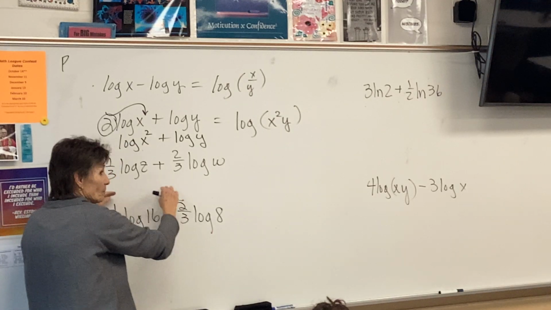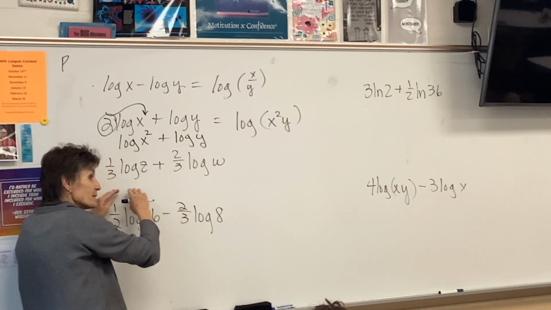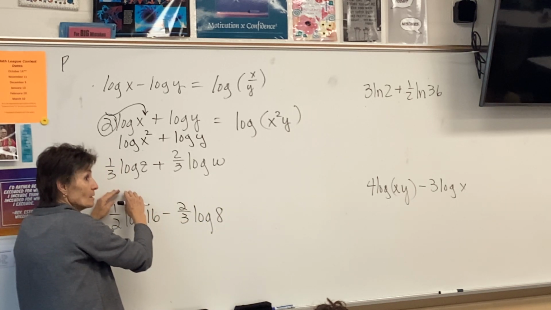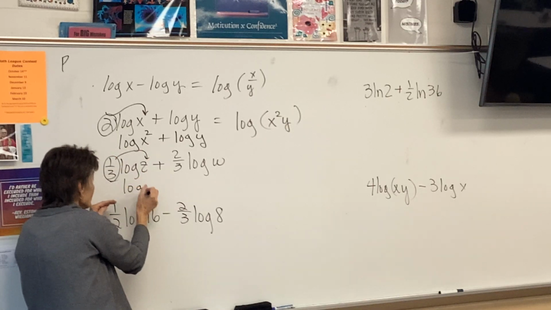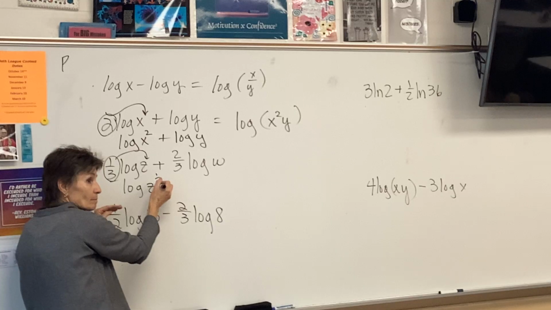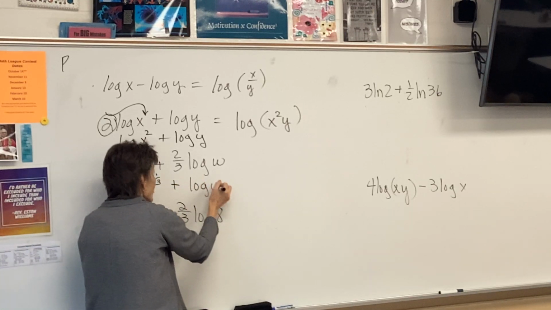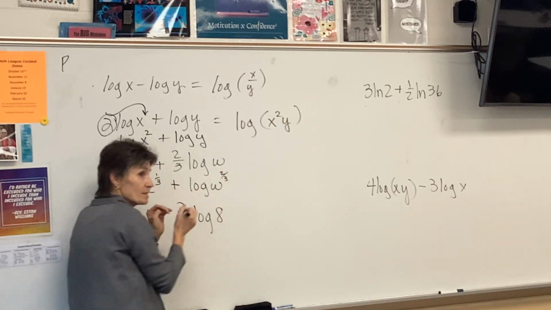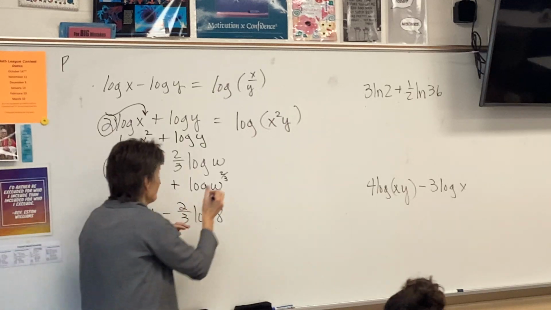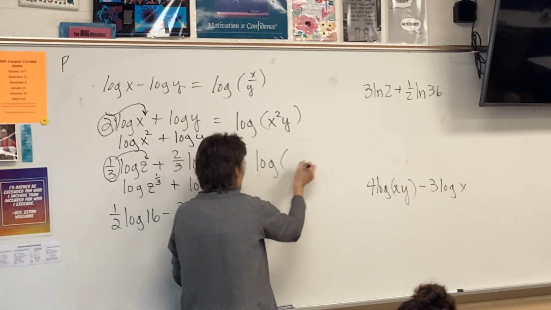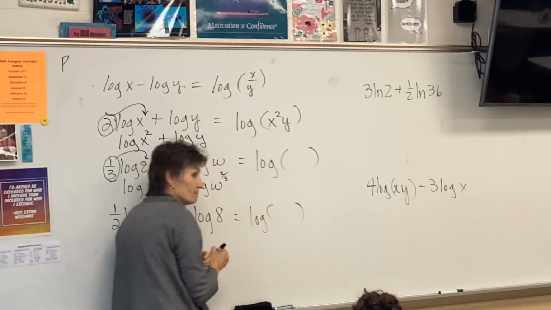Okay, let's look at this one. Think about PEMDAS. PEMDAS says do exponents first. So let's take care of this. This is going to become the log of z to the 1/3 plus the log of w to the 2/3. Would you agree with that? So when I put them together as one logarithm, and that's our objective, all of these problems are going to be the log of one thing.